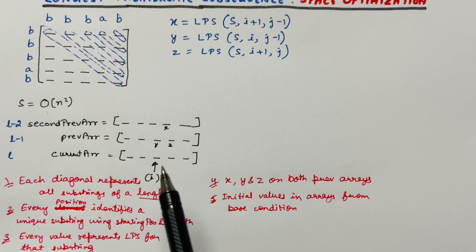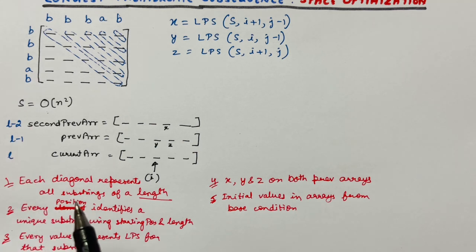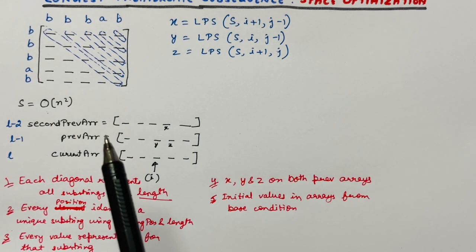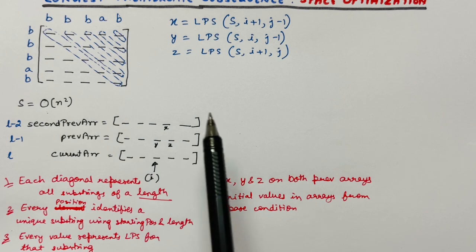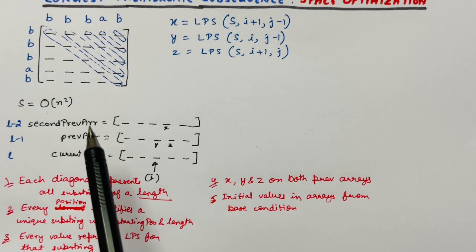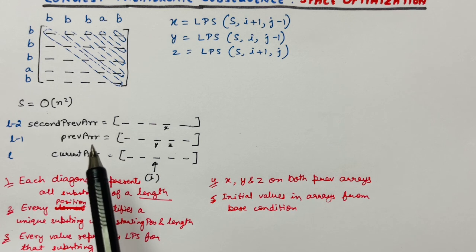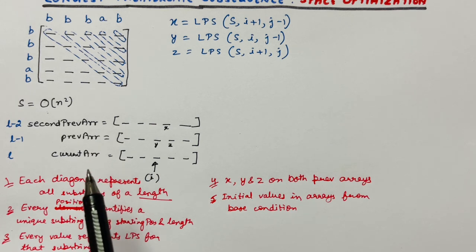To fill for length 4, we need length 3 and length 2's answers. That means we don't need length 1 answers now. So we will dump the length 1 answers. And we will fill this array with the length 2 answers, which were earlier in the previous ARR. And we will fill the previous ARR with length 3 answers, which were earlier in current ARR.